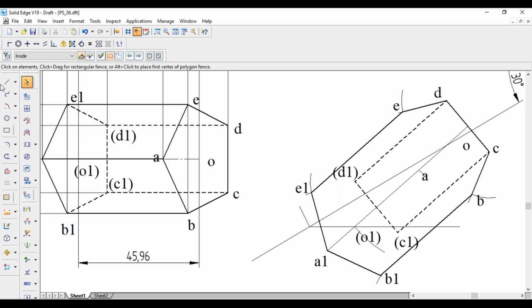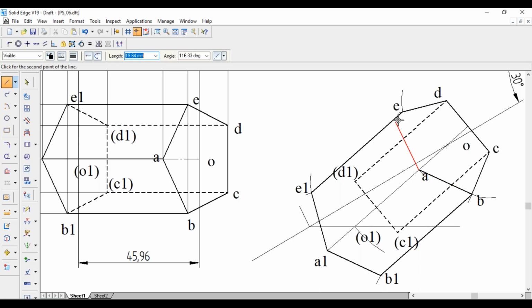Next, A to B and A to E are also dark, continuous. Whereas B1 to C1 and D1 to E1 are dotted lines. So B1 to C1 dotted, similarly D1 to E1 dotted.